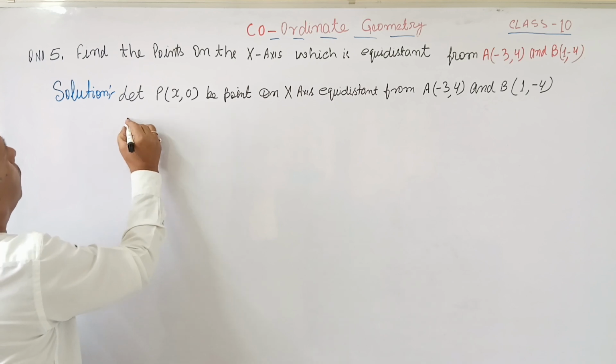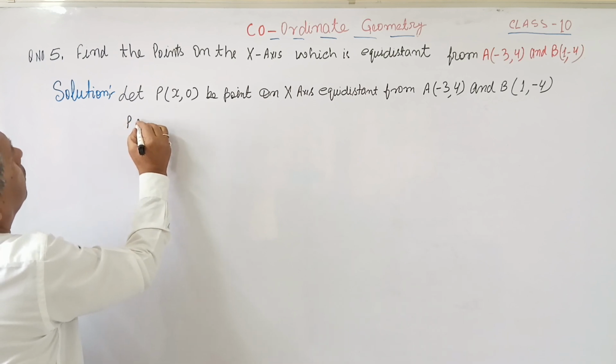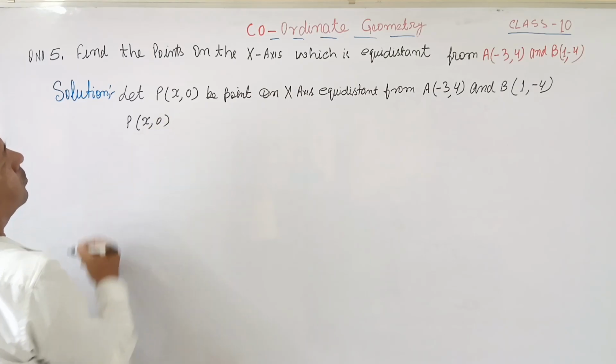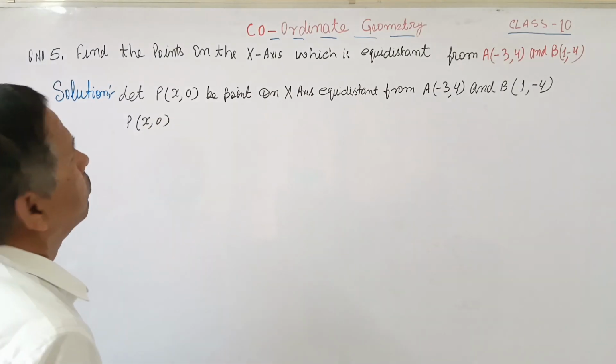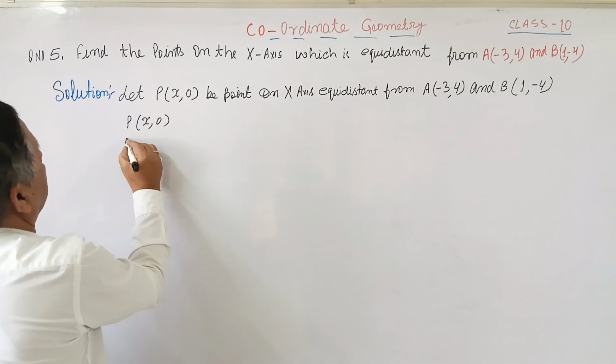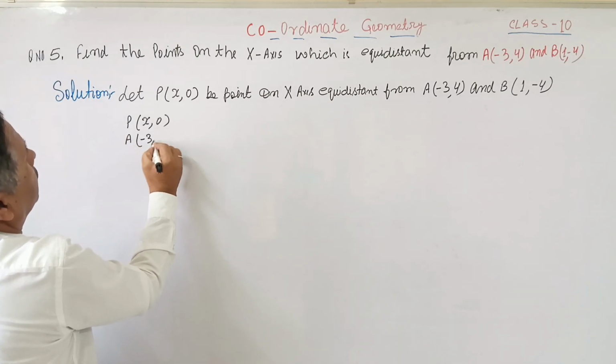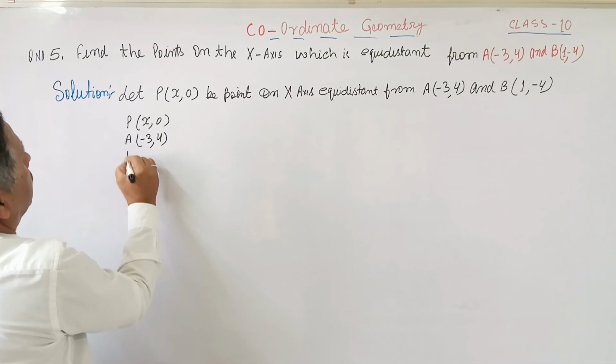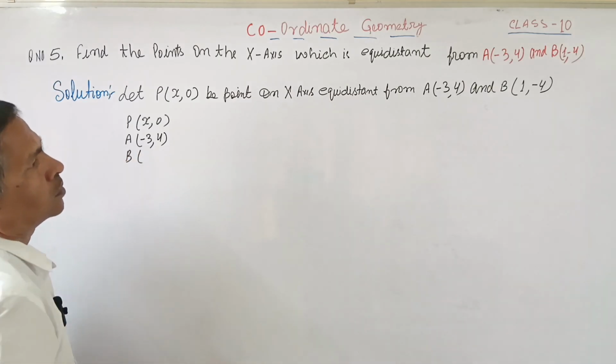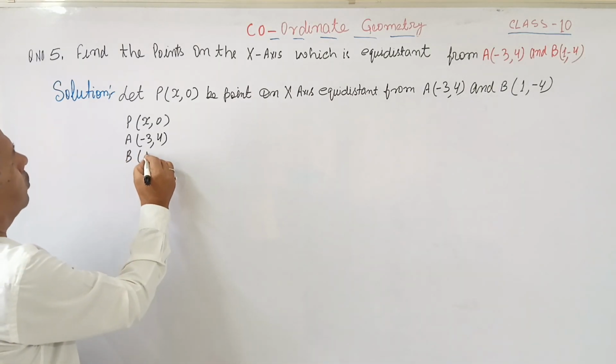So now P is (x, 0), A is (-3, 4), B is (1, -4).